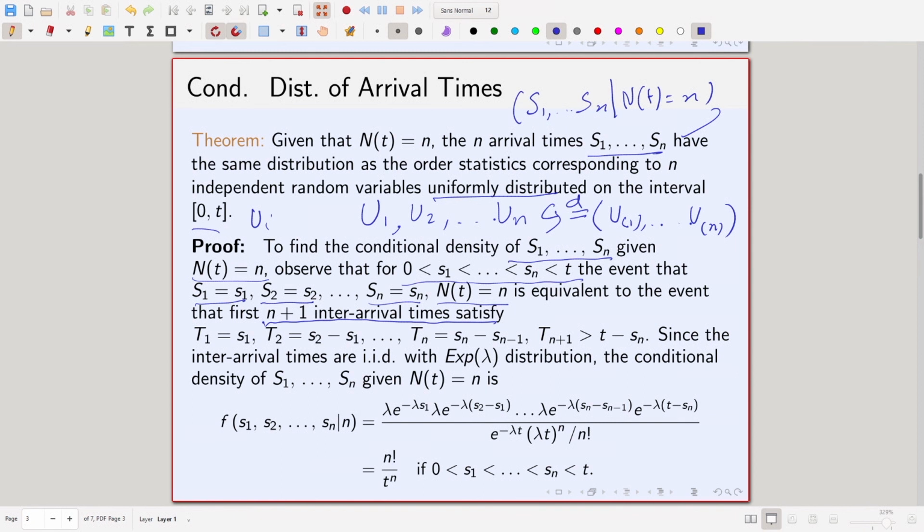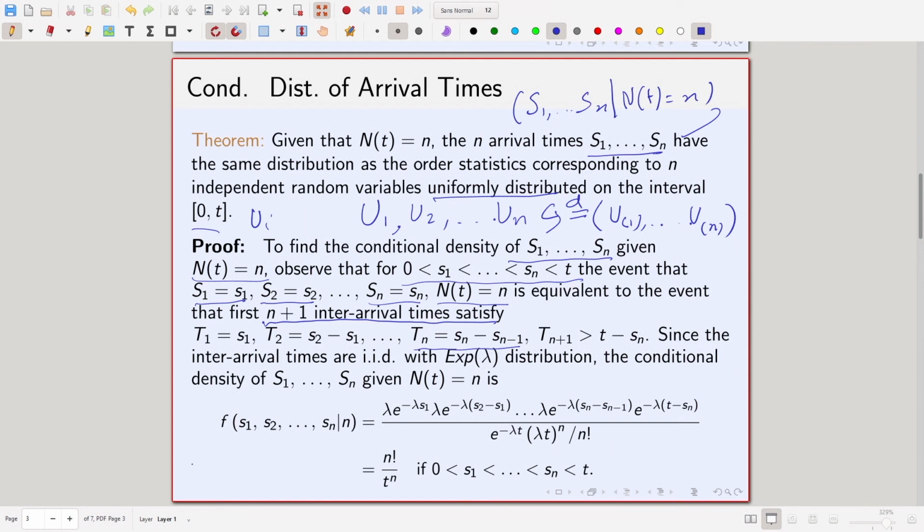If the second arrival time is S2, that means the second interarrival time is S2 minus S1. Going this way, since the time of nth arrival is Sn, the nth interarrival time should be Sn minus S(n-1). But now you are also told that up to time t there has been exactly n arrivals. So between Sn and t there should not be any arrival.